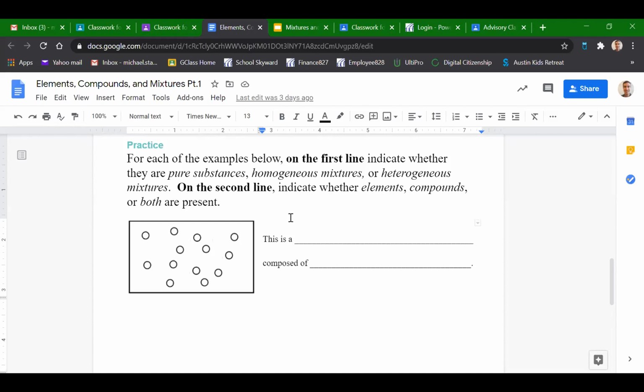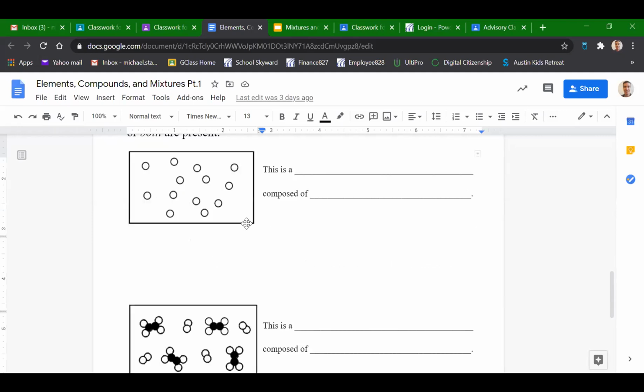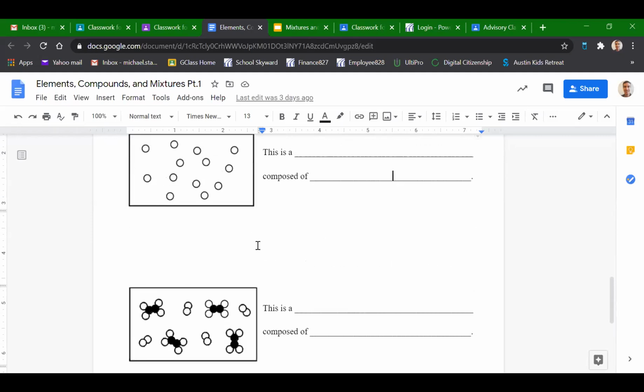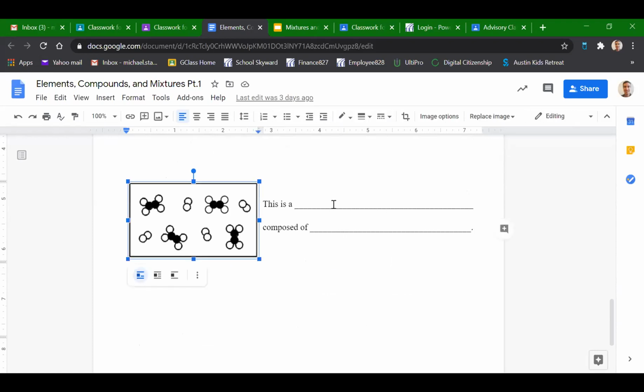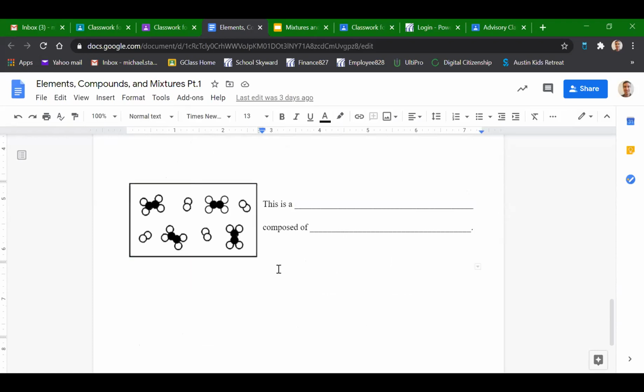Then on the second line, I want you to tell me if there are elements, compounds, or both of them present in the picture. So first line, first question is it a pure substance or a homogeneous or heterogeneous mixture? And then the second line is whether or not there are elements, compounds, or both pictured in the image. And then the exact same thing for the second image, the second picture down here.